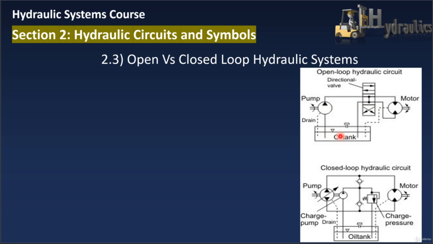On the other hand, when the hydraulic fluid flows continuously between the pump and actuator only, without going to the reservoir, then the system is called a closed loop system. Like in this picture, I have here a pump and here the actuator. The oil will flow between only these two items without going back to the oil tank or reservoir. This is a closed loop circuit.